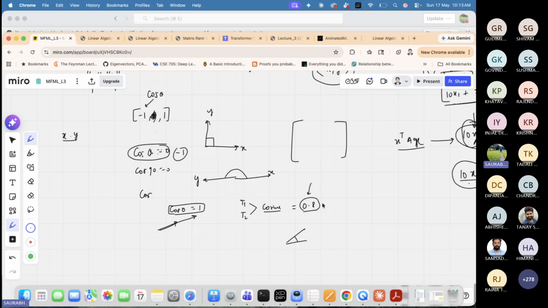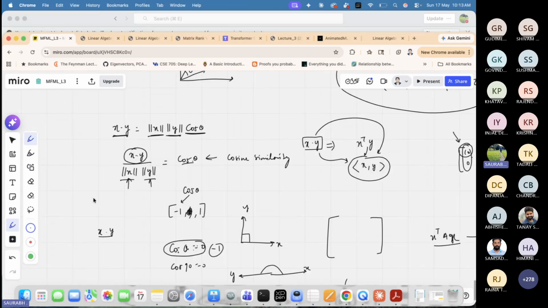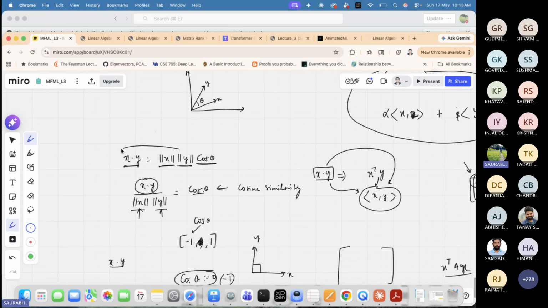If the cosine similarity is 1, it means that both the tweets are exactly the same, or they are actually somewhat similar, right? So they are in the same direction. So cosine similarity tells you the similarity between vectors in terms of angles, and that is derived based on the same dot product idea. This is called x dot y. And in the start of the lecture, I told you one thing.